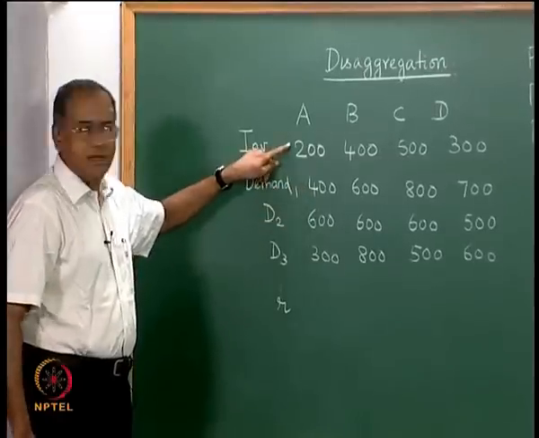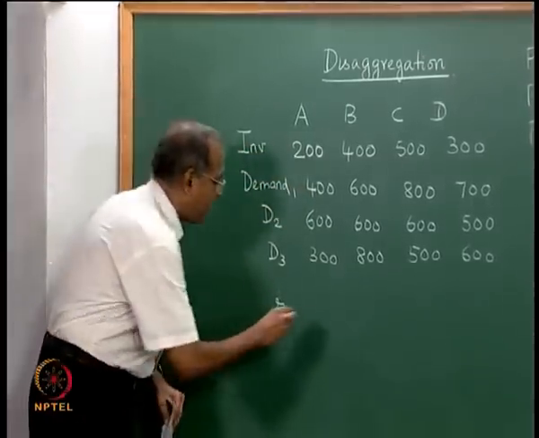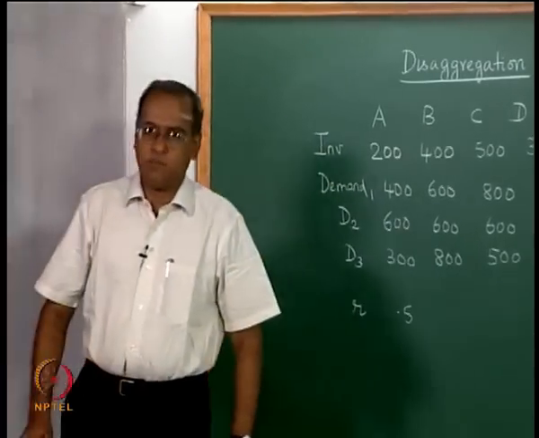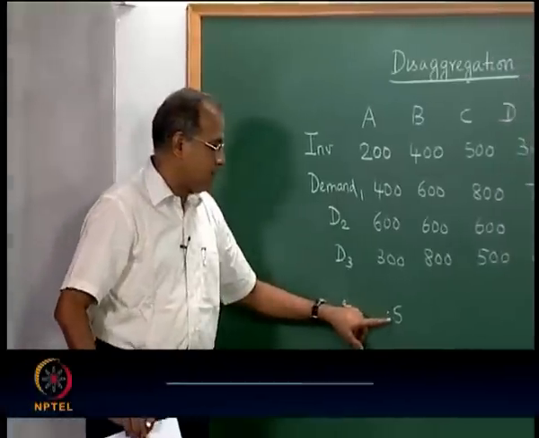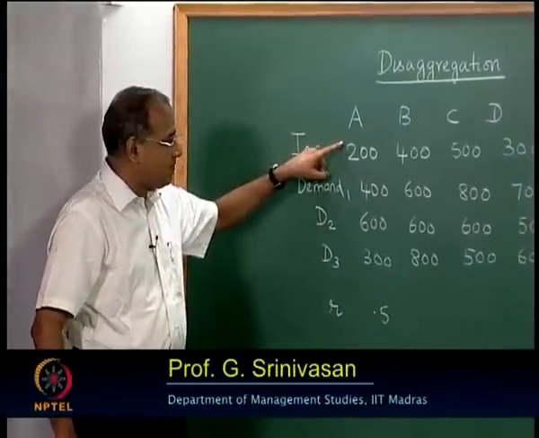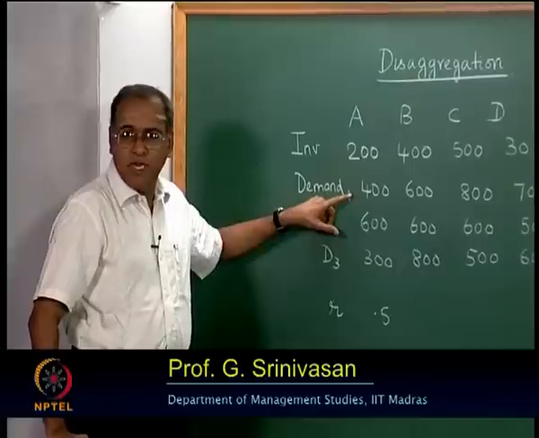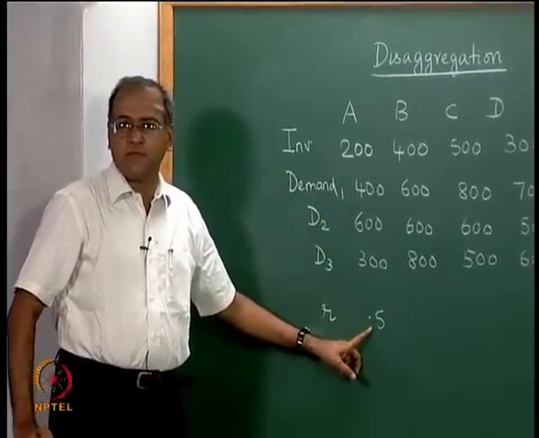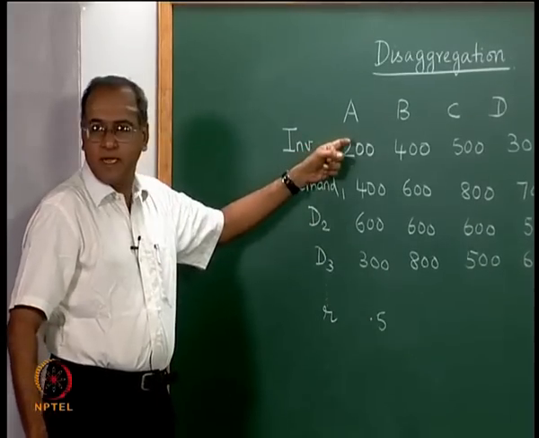So, with this 200 inventory we can meet 0.5 of the demand of the first month. So, 0.5 months we can use this inventory, we need not produce, but we have to make sure that we produce before 0.5 months, otherwise we will be short of material or item.